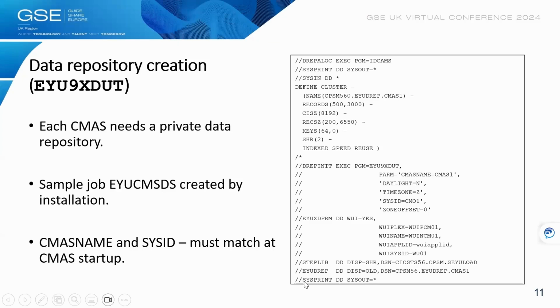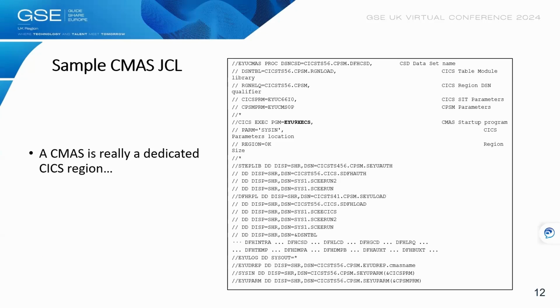So as part of running this job, IBM added a step that allows you to create the WUI Plex name, which could be different from your Plex, the WUI name itself, the APPLID, and its SYSID. And once this is inside the EYUDREP, that means that when you create the WUI, it can connect to its own CICSPlex managed by that CMAS.